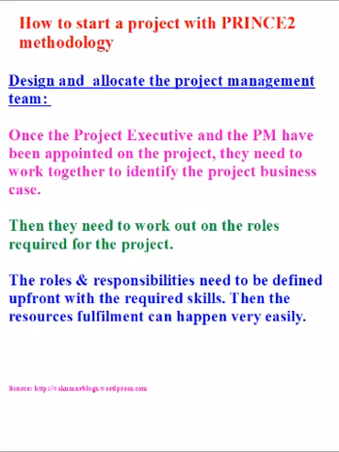And once that stage or activity has been completed, you need to revoke their roles to save the project costing. So these are the methods we are supposed to follow to design and allocate the project management team under these project startup activities.